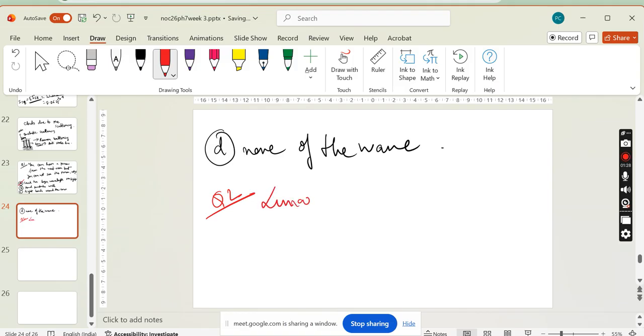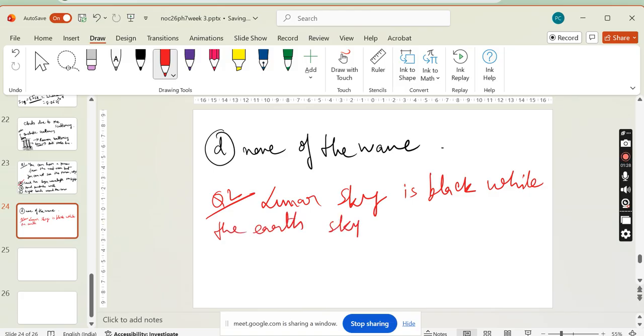Lunar sky is black, while the Earth sky is blue in color. Why? We know the answer. We see the color because we have an atmosphere. In the atmosphere, we have nitrogen and oxygen molecules.